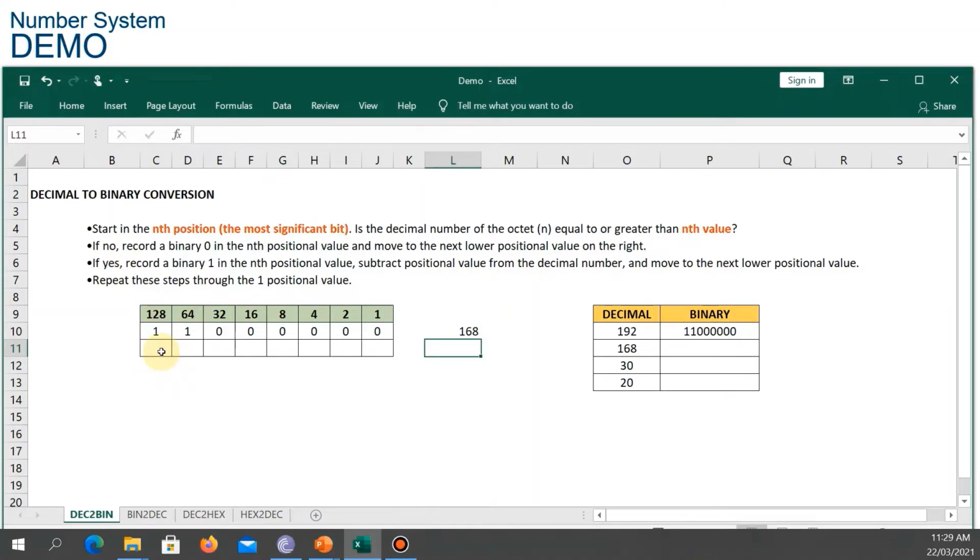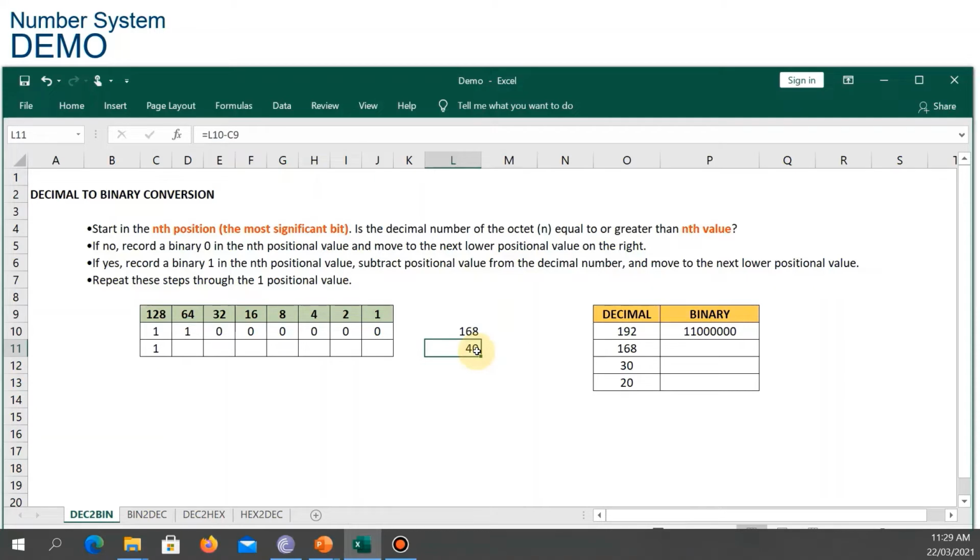The answer is yes. So therefore, we need to place 1 here. And then we subtract 168 minus the current positional value, which is 128, and that would yield 40.